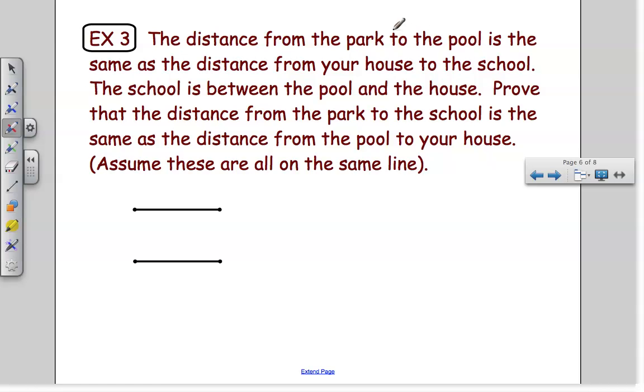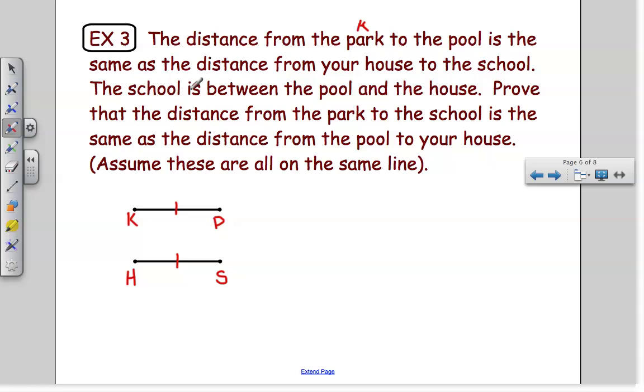Park to the pool, maybe we'll call park K, and then we'll call pool just P. So park to pool is the same as the distance from your house, call it H, to the school, call it S, and I'm going to put tick marks on those because they told me that the distances were the same, meaning those segments are congruent or the lengths are equal.